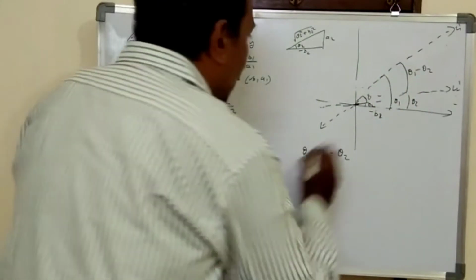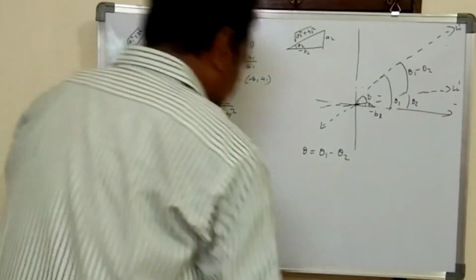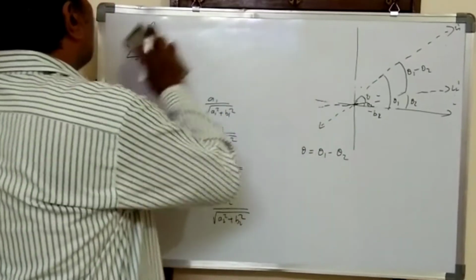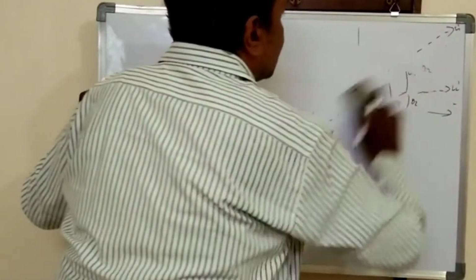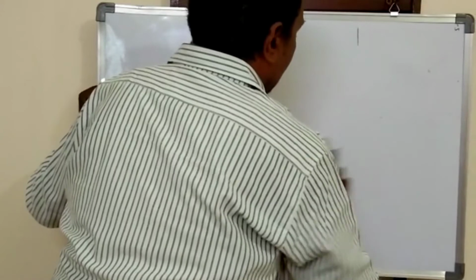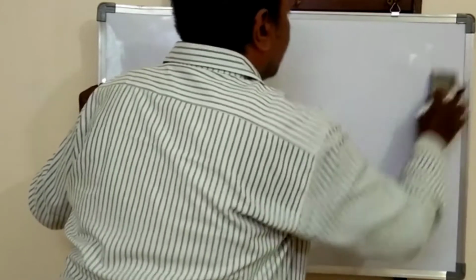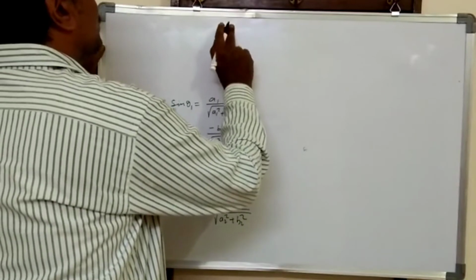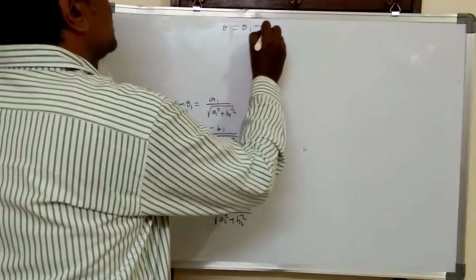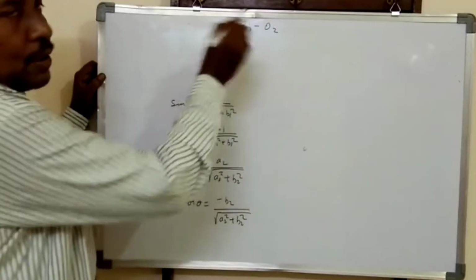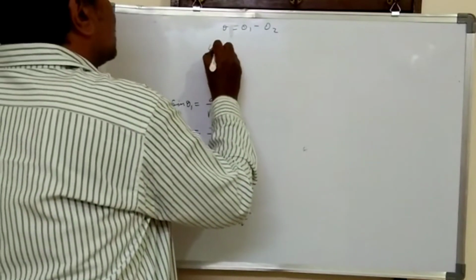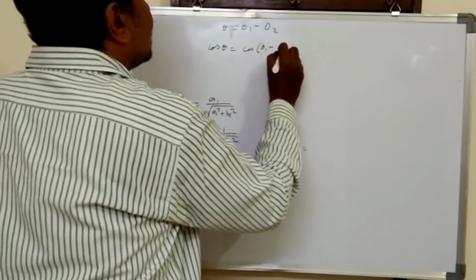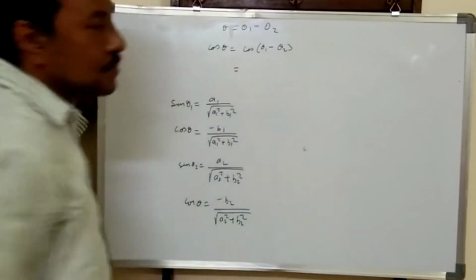Now taking cos on both sides. Theta is equal to theta 1 minus theta 2. Cos theta is equal to cos of theta 1 minus theta 2.